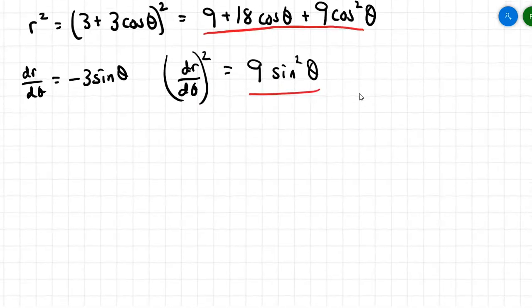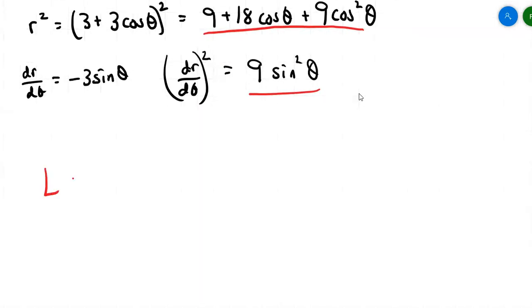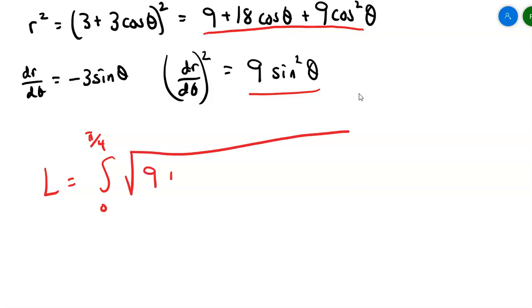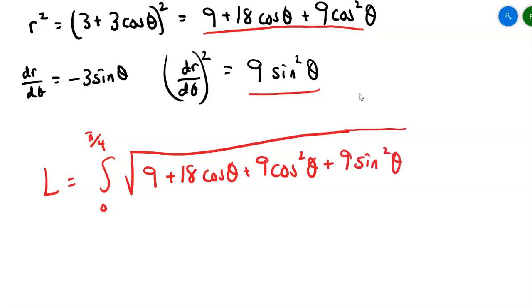Let's do it. So the length of my curve will be the integral from 0 to pi over 4 of the square root of r squared, so 9 plus 18 cosine theta plus 9 cosine squared theta, plus the dr d theta squared, which is 9 sine squared theta.